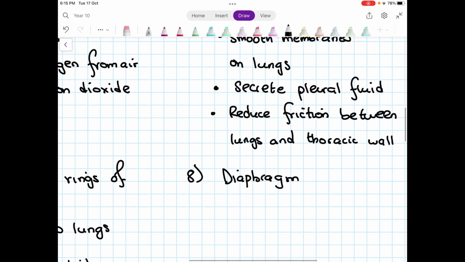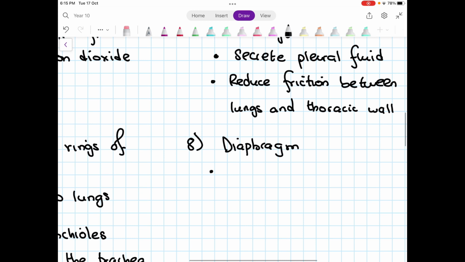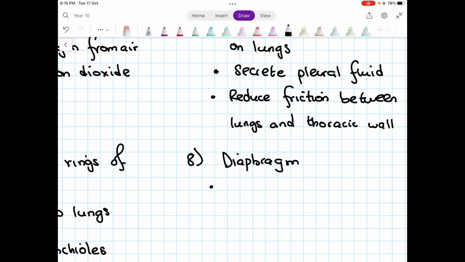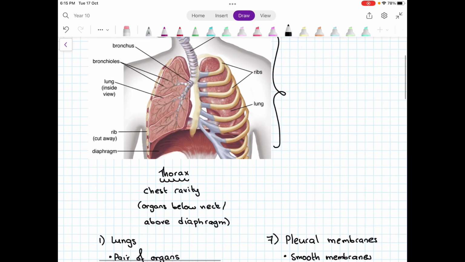And finally, we have the diaphragm. The diaphragm is a dome-shaped muscular sheath which is depicted over here.